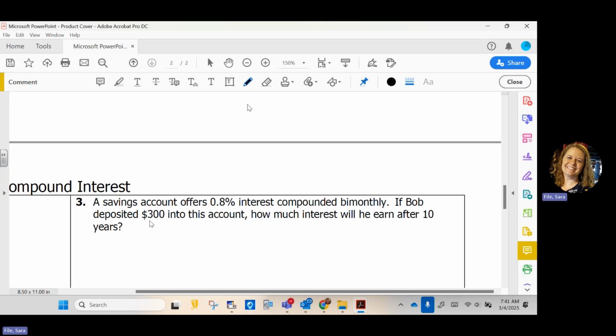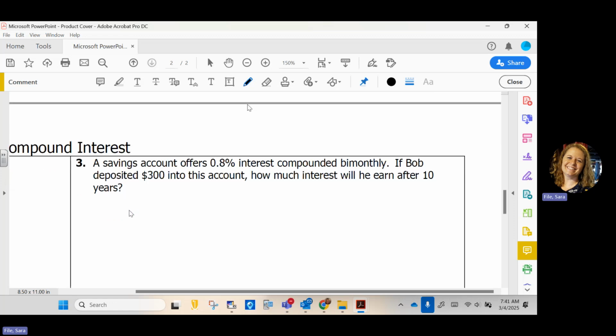Compound interest is also charged if you borrow money, like on a credit card. So if you spend this much money and then they start compounding your interest repeatedly, and you start owing so much interest that your monthly payment is just paying the interest and you're not paying down any of your principal, it can spiral out of control.